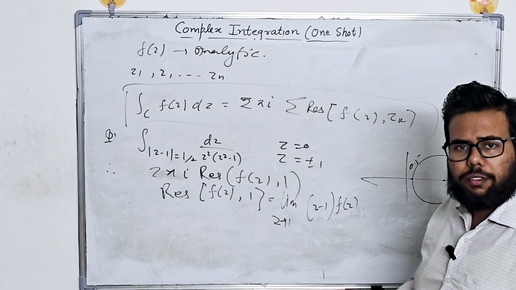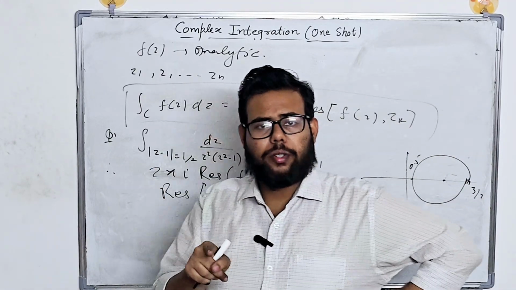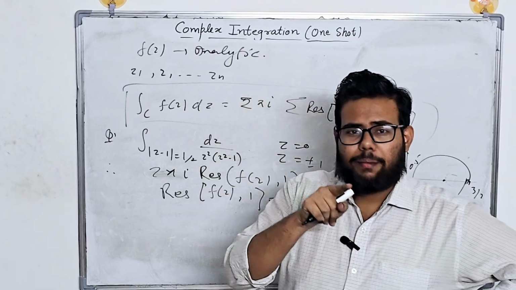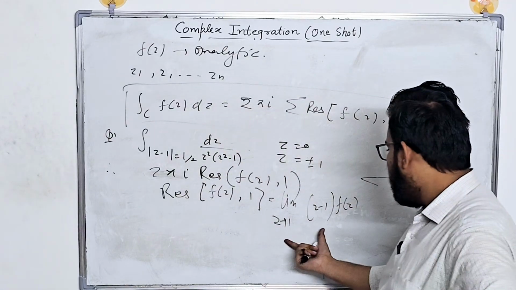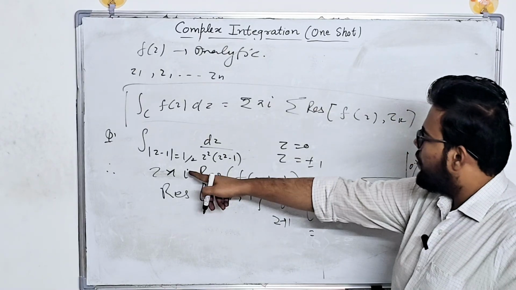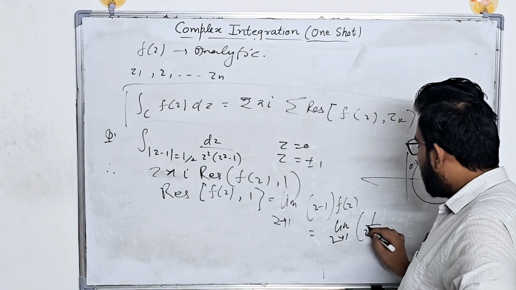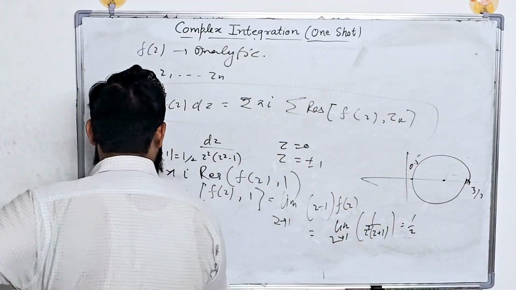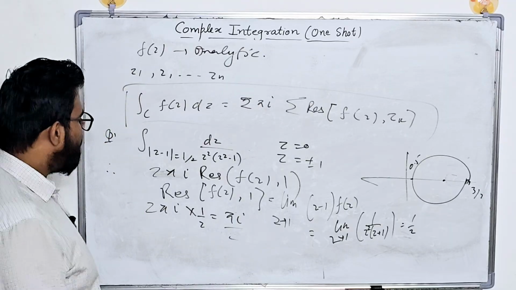You remember the formula: 1 upon (m minus 1) factorial times the limit as z tends to z naught of d^(m-1)/dz^(m-1) of (z minus z naught) to the power m times f(z). If m is equal to 1, it becomes this expression. So it is the limit z tends to 1 of 1 upon z(z plus 1), which is equal to 1 by 2. So this becomes 2 pi i into 1 by 2, which is equal to pi i. So this is the integral value.